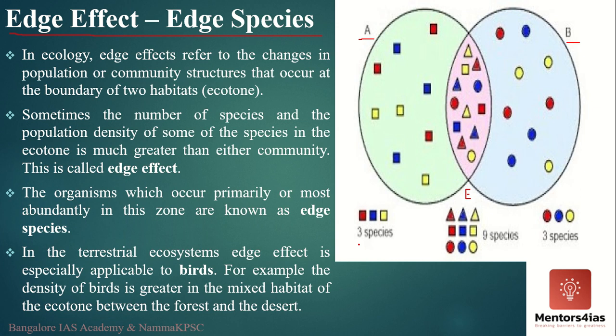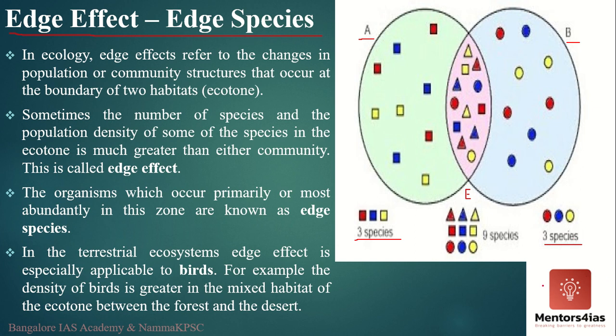Now, if you consider the number of species or the number of animals in ecosystem A and B and then compare it with the ecotone, you can see that in ecosystem A you have three species. The three species are represented by squares, and if you take ecosystem B, you also have three species, represented by circles.